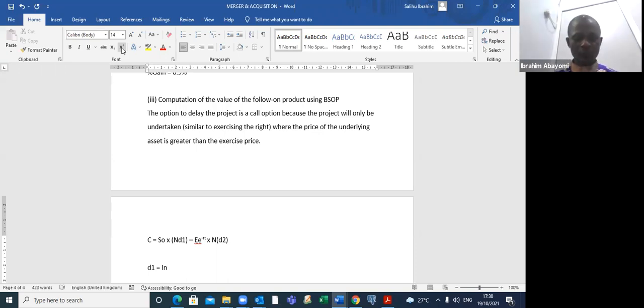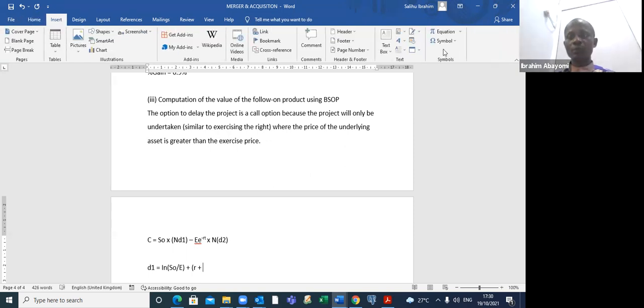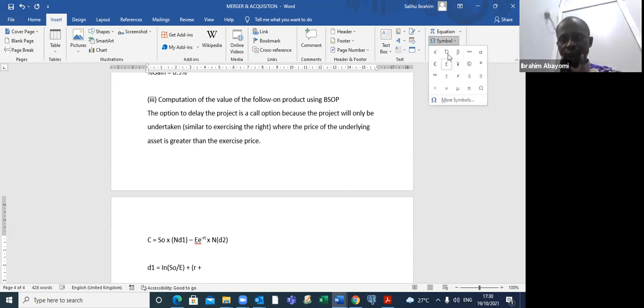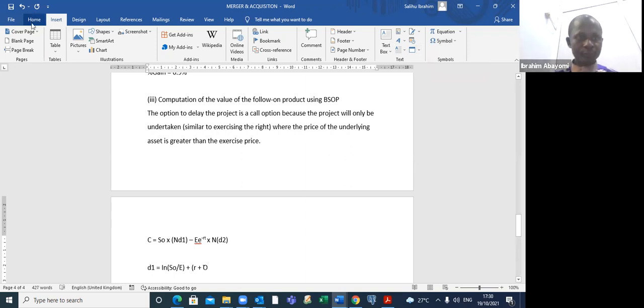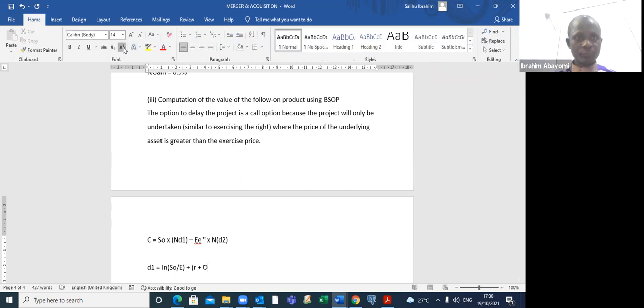D1 is ln(SO over E) plus risk-free rate plus standard deviation square, which is variance in this case.